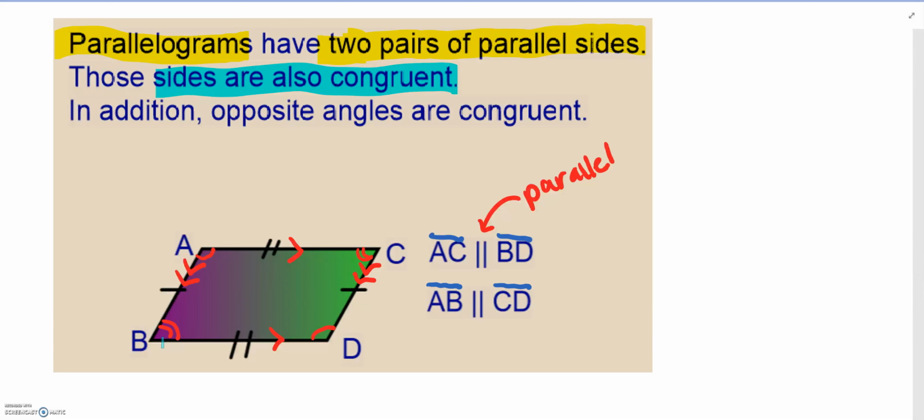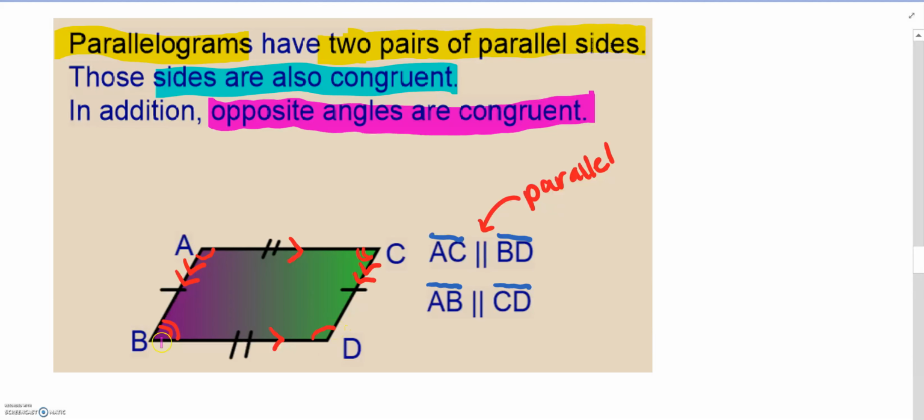Something else that we're going to notice here is something about the angles. Notice that in the definition, opposite angles are congruent. We'll notice that angle A is congruent to angle D. That's what we mean by opposite angles. You can see it in the picture that angle A has one arc, that's called an arc, and angle D has one arc.